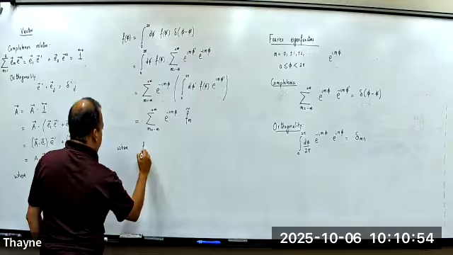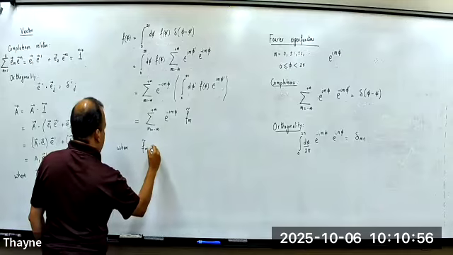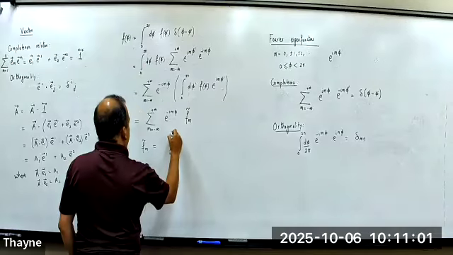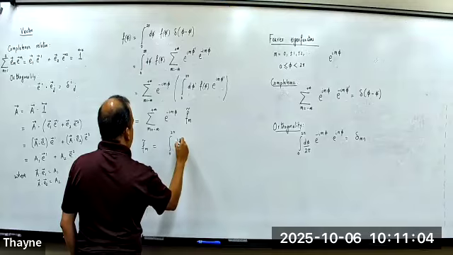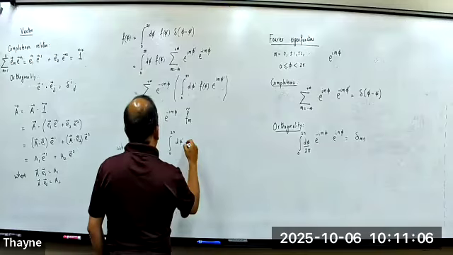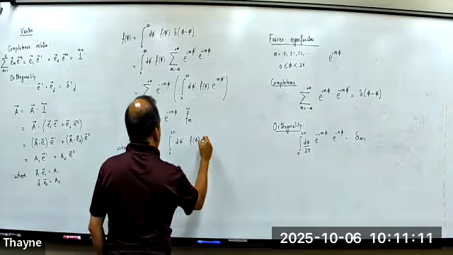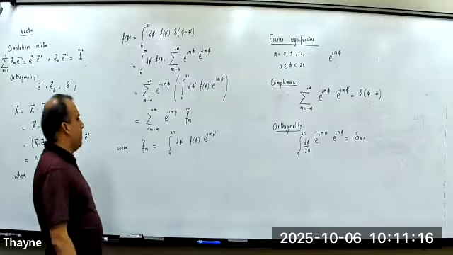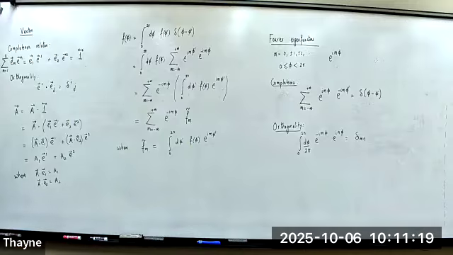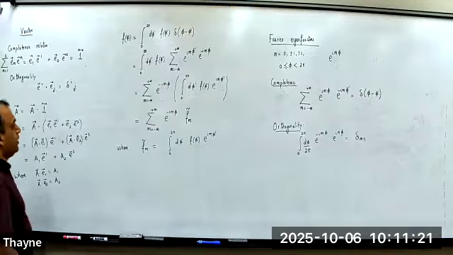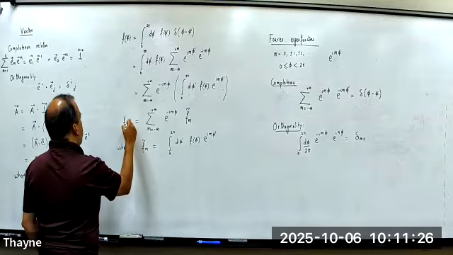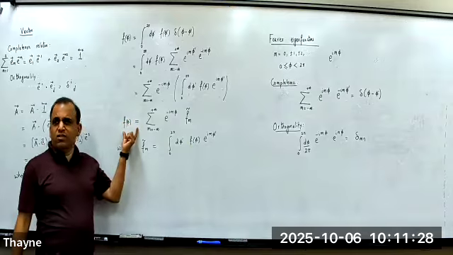Where the notation is f of m tilde is equal to 0 to 2 pi d phi prime of phi prime. These two together is what is called Fourier transformation. I have a function.